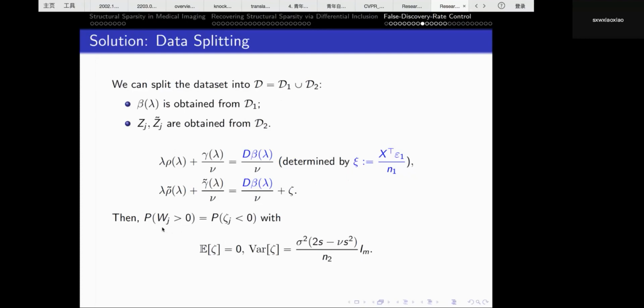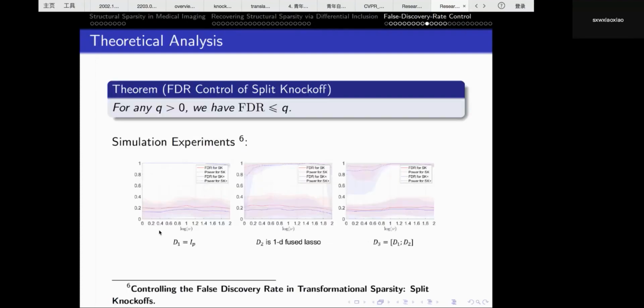So this means for the null feature, the W has equal probability to be positive or negative. And we can have the following theoretical result to bound FDR control, and we consider the three settings of structural sparsity: the identity matrix, the fused Lasso, and the concatenation of these two matrices. And in all settings, we can successfully control the FDR under the desired level.